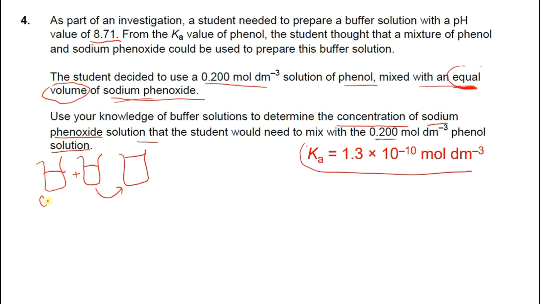So if this is phenol, C6H5OH, it's at 0.2 mole per dm cube. When it's mixed like so, its concentration now becomes 0.1 mole per dm cube. So that's something to consider.